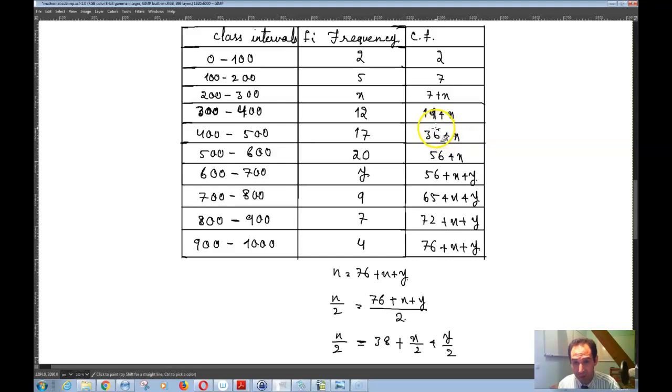Now you somehow need to reason your way out and find one of these. For example, if you go for this one, provided that x is greater than 2 plus x divided by 2 plus y divided by 2, then this is greater than n divided by 2.